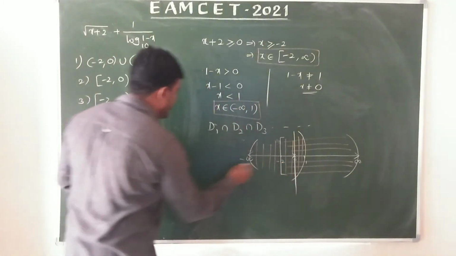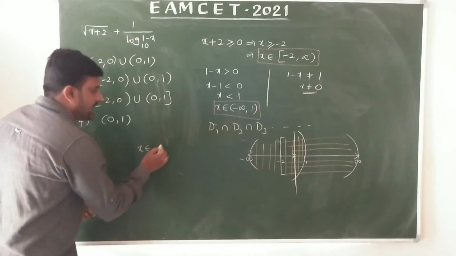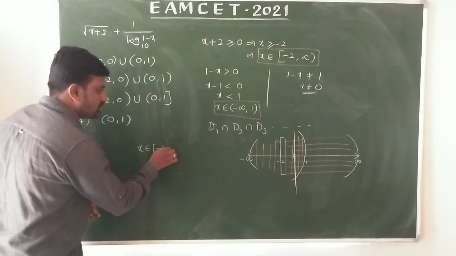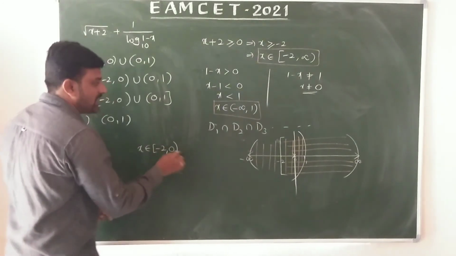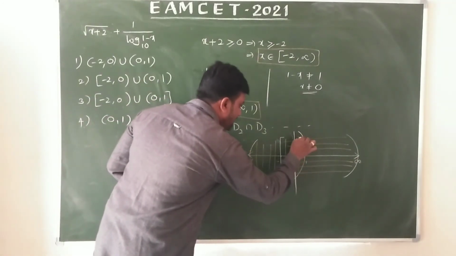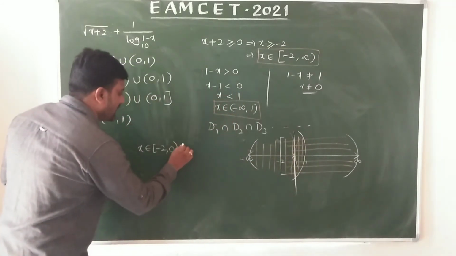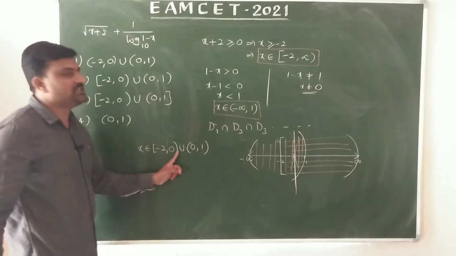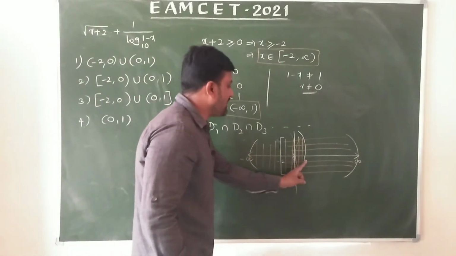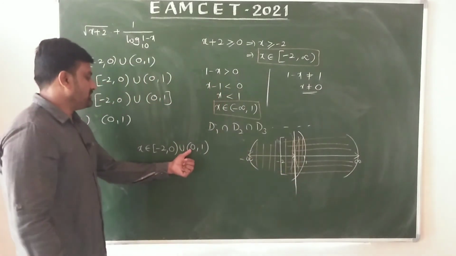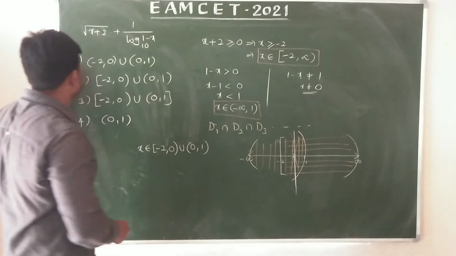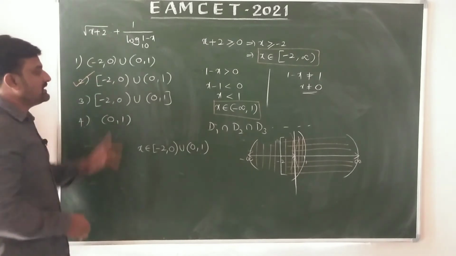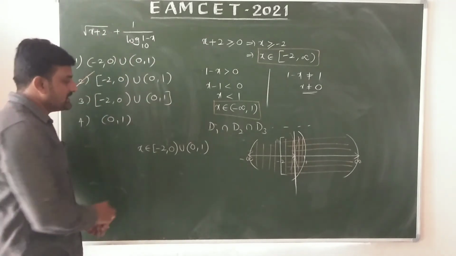So now clearly it can be written as x belongs to closed interval minus 2 comma 0, up to 0 and from 0 to 1. But except 0. Actually the interval is minus 2 comma 1 but except 0. Now, which one is suitable? Let us observe. The second one is the solution for our given function.